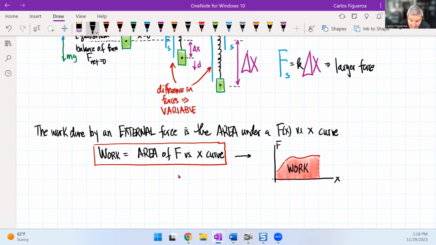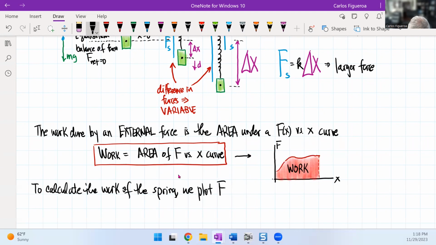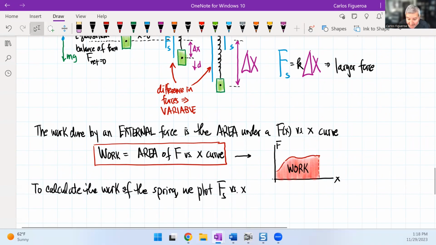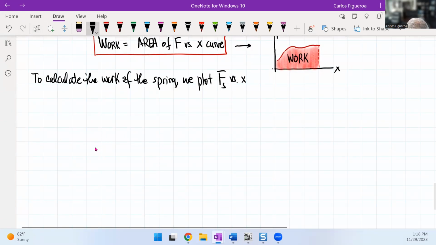So we can do the same thing with the spring force. To calculate the work of the spring, we plot F of spring versus x. And here's what we see here. So when I plot this, I'm going to have a curve here.